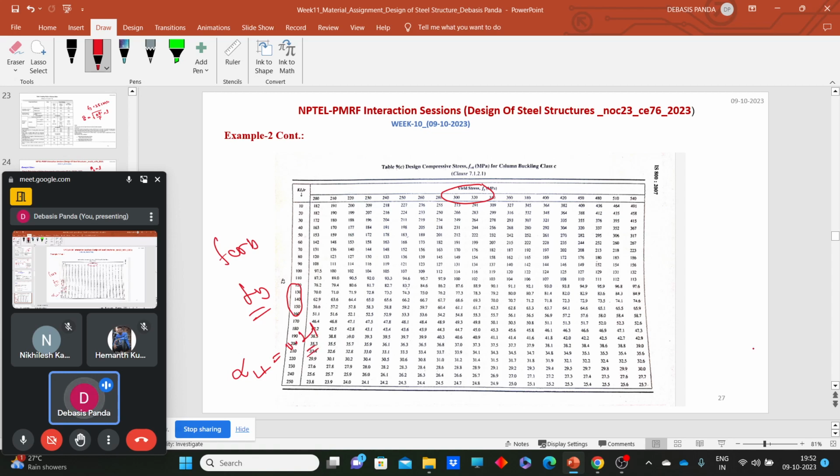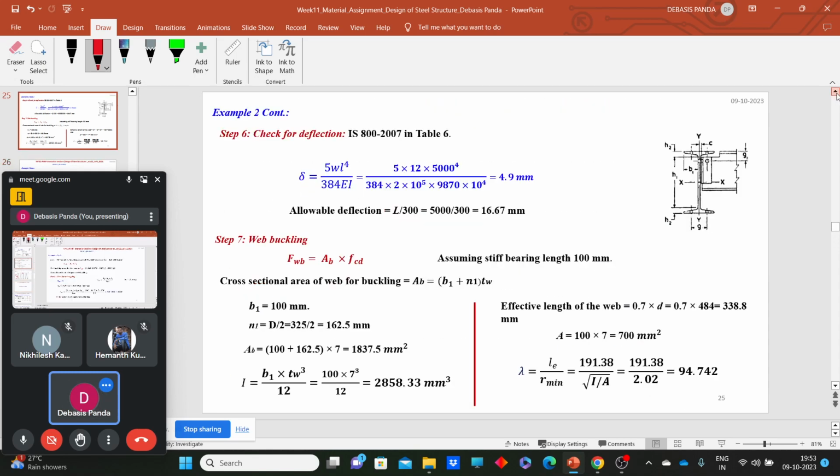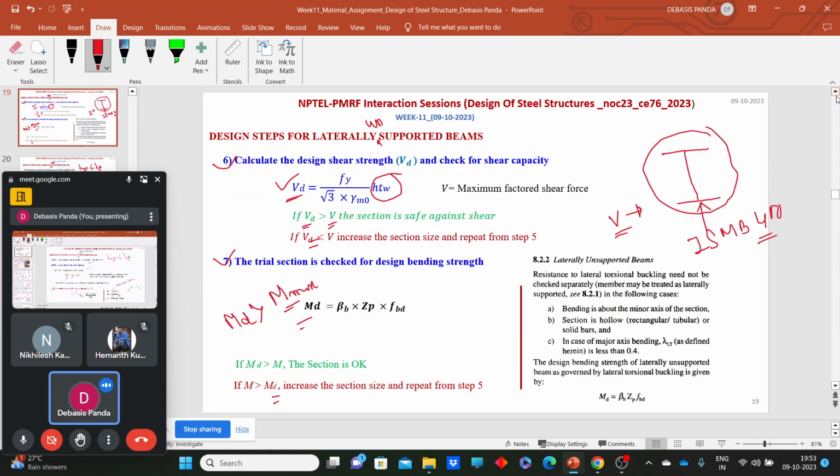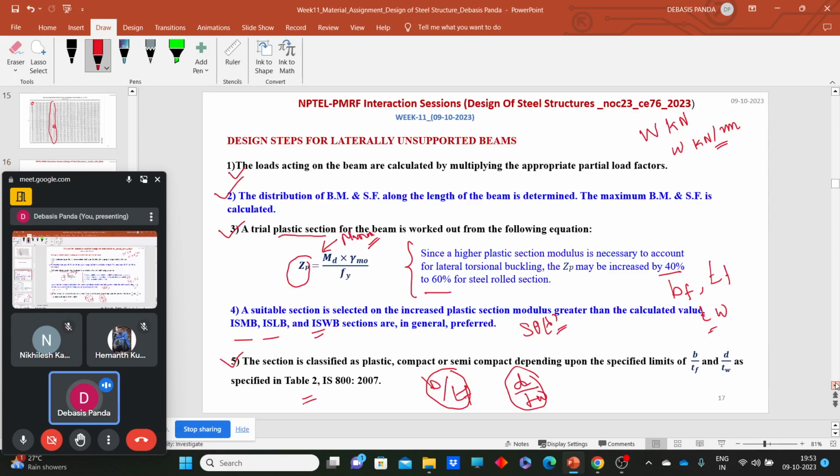So directly go to table 9, or more precisely table 9A. Where is that table? I think I have added the table. Yes, 9A. Now from this table, with respect to that FCRB and FY value, you can calculate the FCD value. I have calculated the values here.